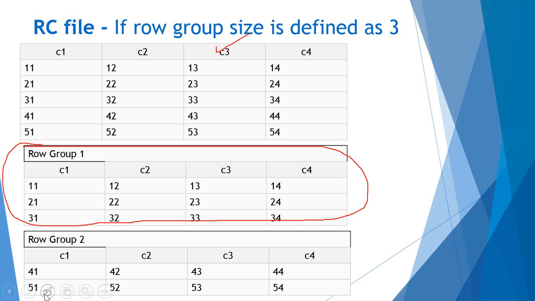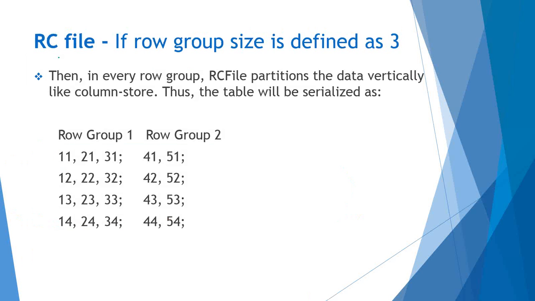So if I am reading C2 and C1 also for that particular match in the where clause, I'll be reading those things in that case only. So these RC files not only split your data vertically, they also split your data horizontally. So this data would be written something like this in your file system.